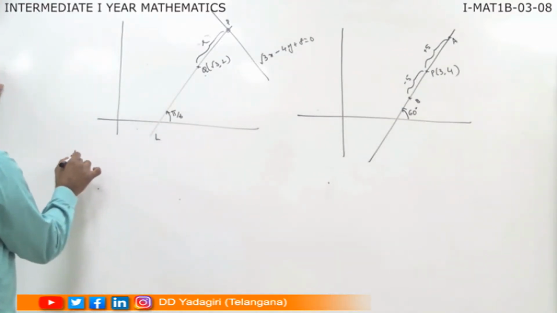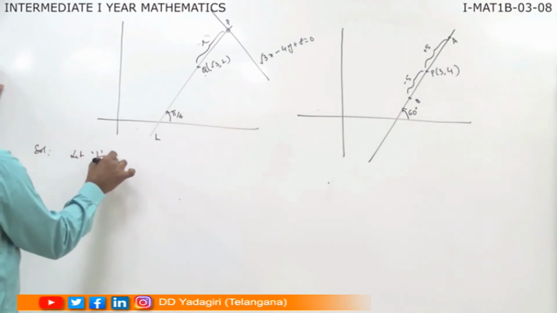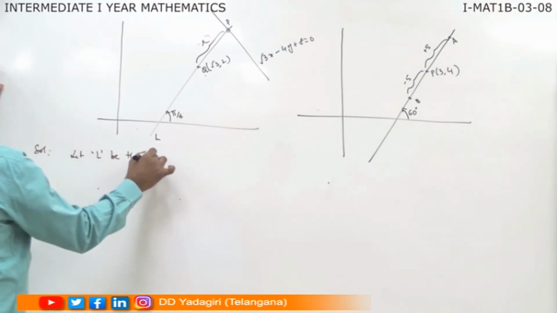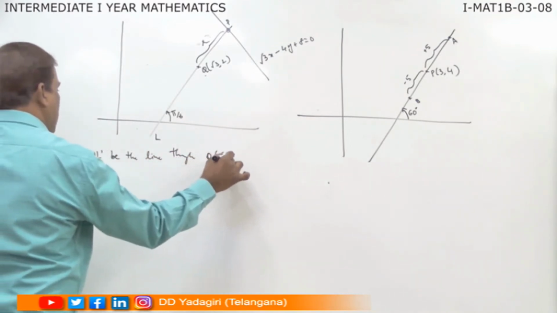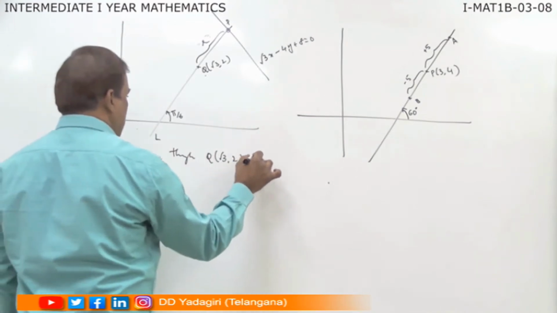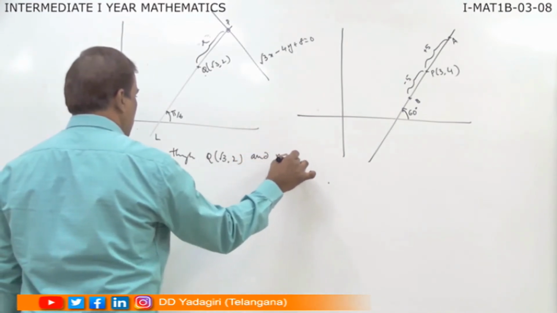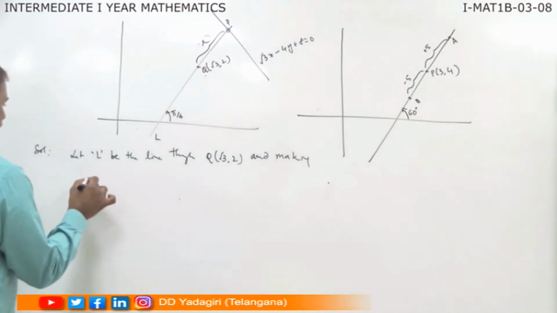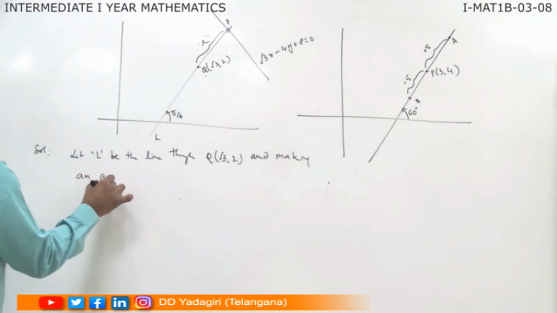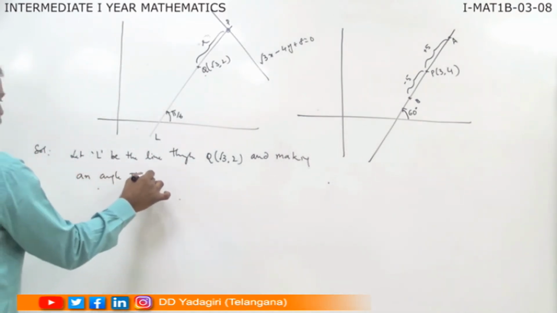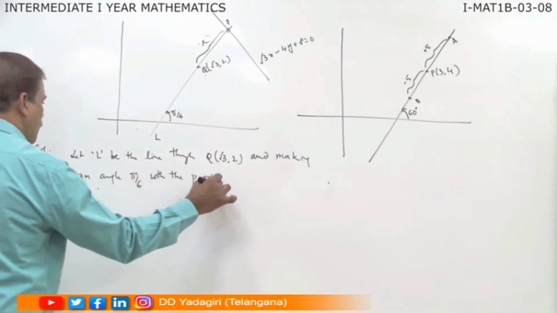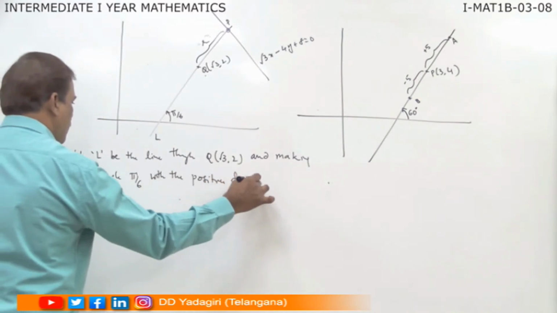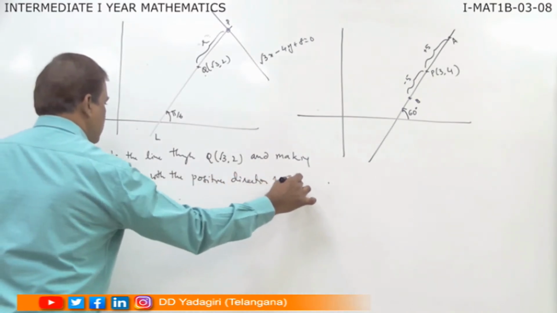Let L be the line. The solution is going to be this. Let L be the line through Q(root 3, 2) and making an angle pi by 6 with the positive direction of x-axis.